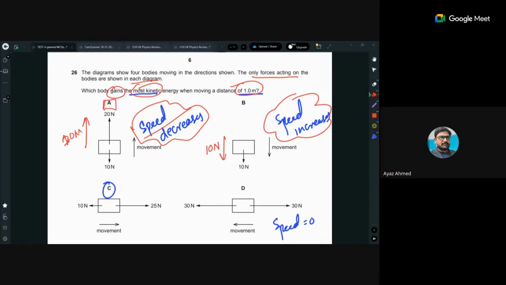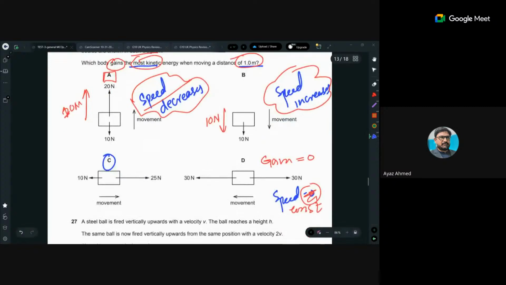But when we consider C and D, in D the speed is constant. Movement is there, so speed is not 0, it is constant. So with constant speed, the gain in kinetic energy is 0. When speed is constant, the body does not gain energy, so this option cannot be it either. In C, this is moving with 25, and that with 10.